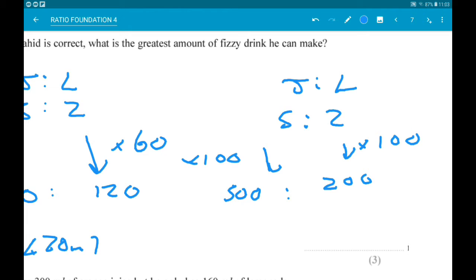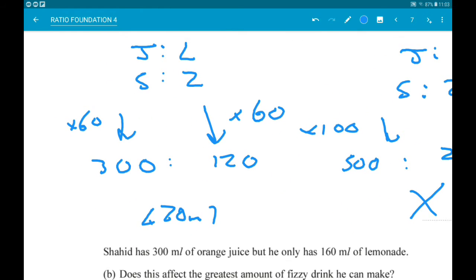So if we used all of the lemonade, then we would need to use 500 ml of orange juice, which we can't do because we only have 300. So 420 is our answer.